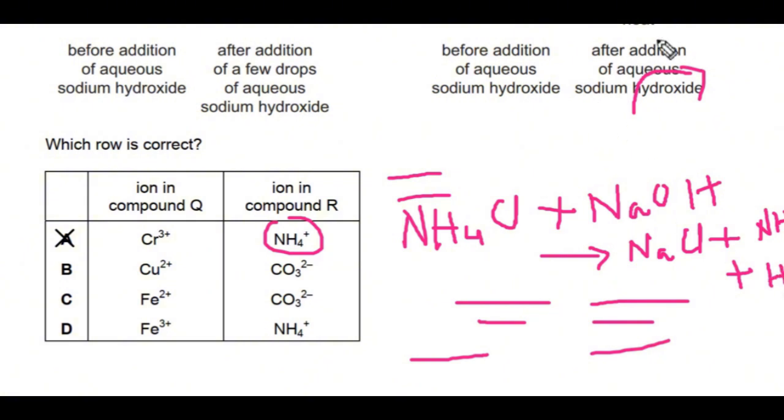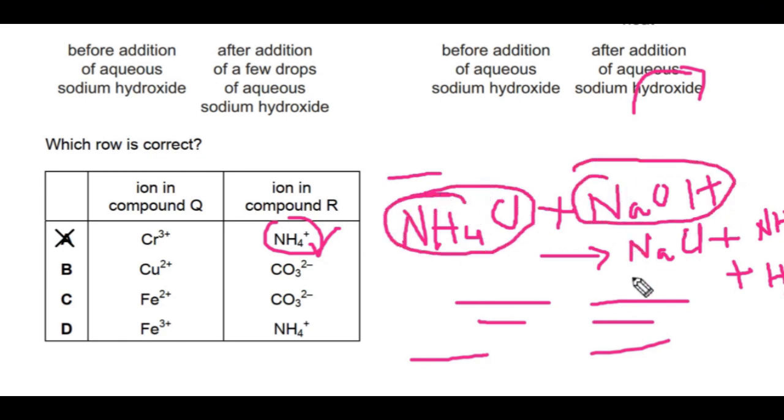So for the second part of the question, the ion in compound R is the ammonium ion. Why? Any ammonium-containing compound, if you add sodium hydroxide, salt plus ammonia plus water will be produced.